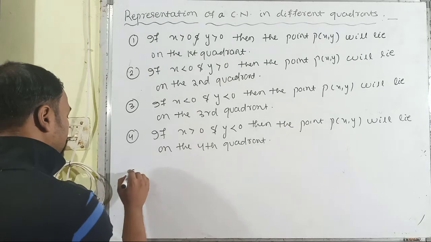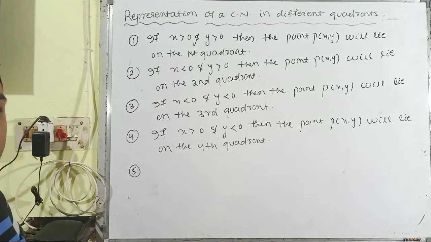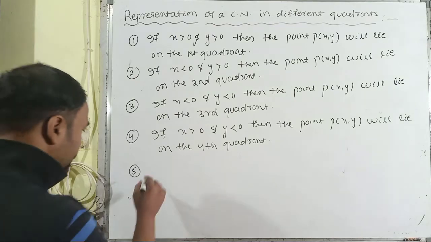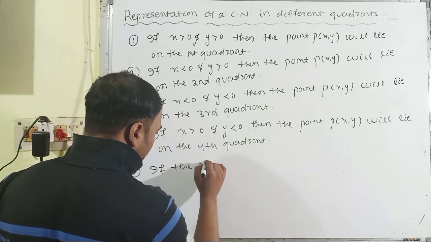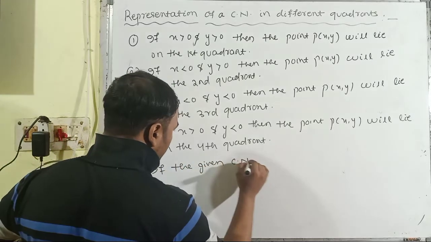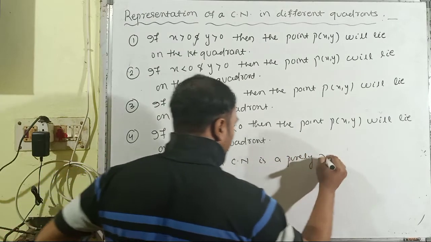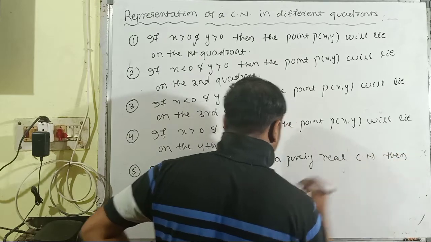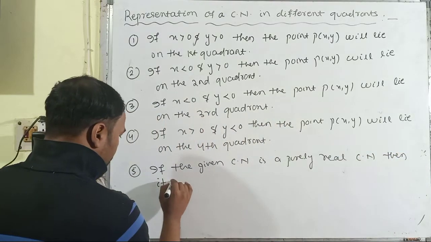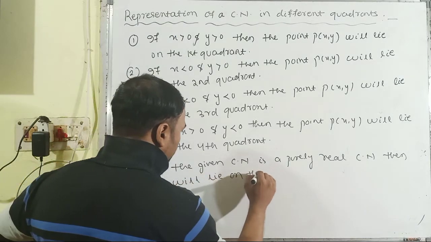Then let us go through the fifth point, a very important point. If the given complex number is a purely real complex number, then it will lie on the x-axis.